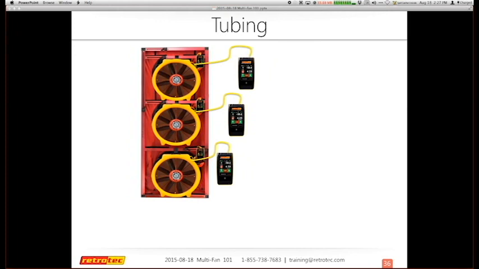So what we talked about a minute ago was actually all the control cables that control the fans, or the signal from the gauge that goes back to the software, basically. Now, these are actually the tubing, because you still have to have tubing connected from each gauge to each fan in order for it to read the results, right?